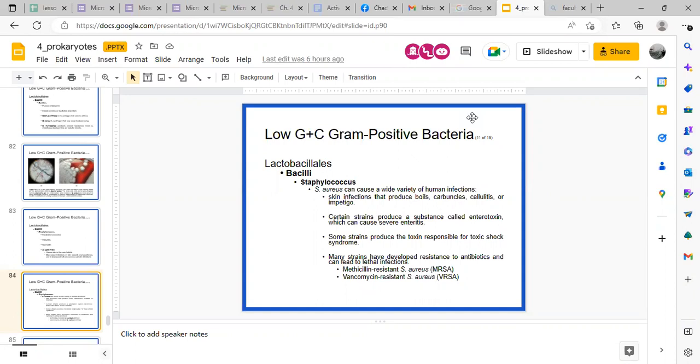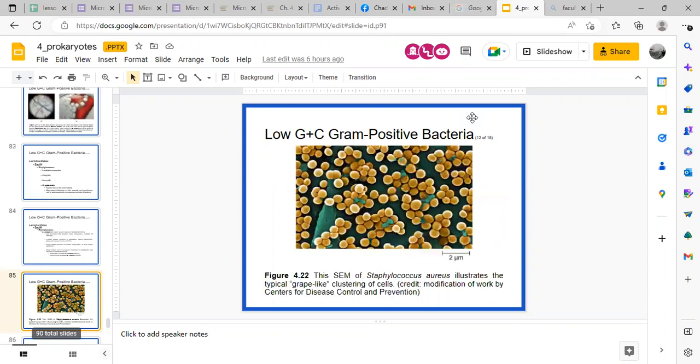There are resistant strains, methicillin-resistant S. aureus and vancomycin-resistant S. aureus. This is a scanning electron microscope micrograph of Staphylococcus aureus. They're grape-like, clustered.